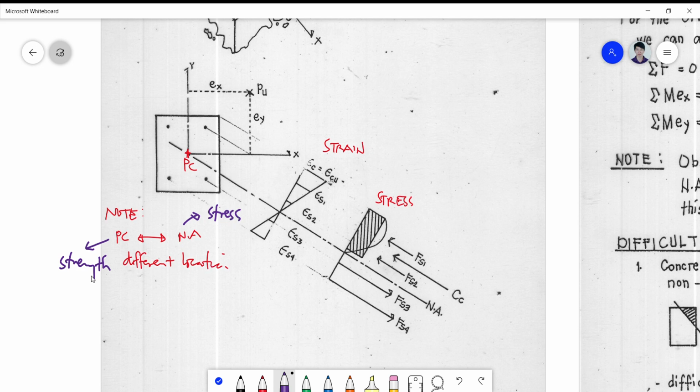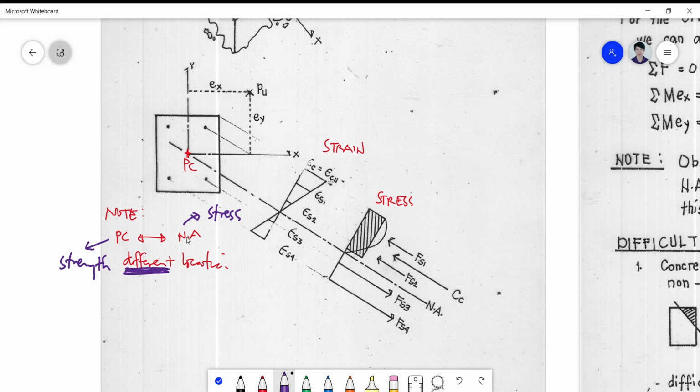The strength refers to the ultimate capacity, while the stress is the actual force that is applied on a particular location, a component of your member, be it the reinforcement or the concrete. So they are different in terms of location in general. Take note of that.